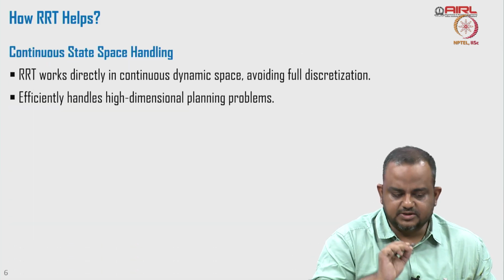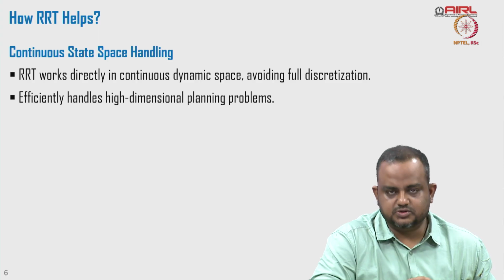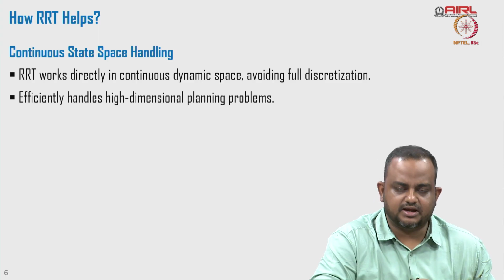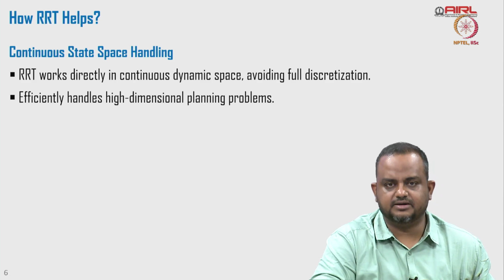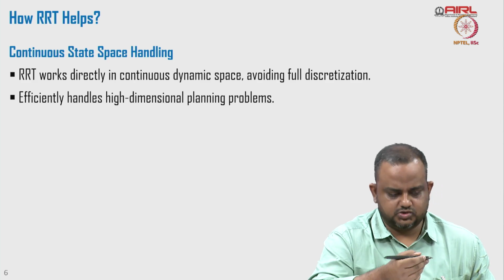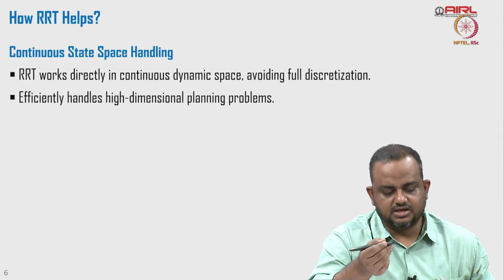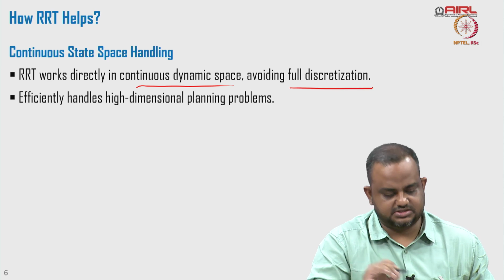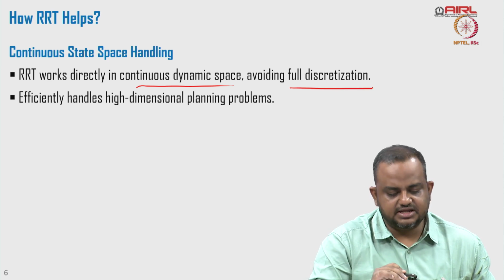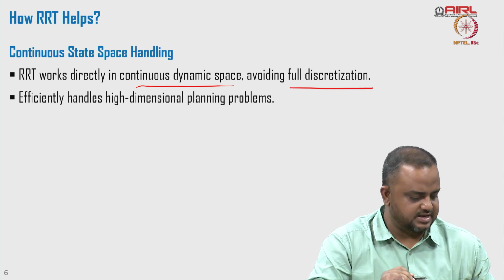So, how does RRT help? It handles continuous state space. Since we do not have to do it beforehand, when some obstacle appears in the environment, we do not have to rerun. In that way it becomes continuous state space handling. RRT works directly in continuous dynamic space, avoiding full discretization, and it efficiently handles high dimensional planning problems.